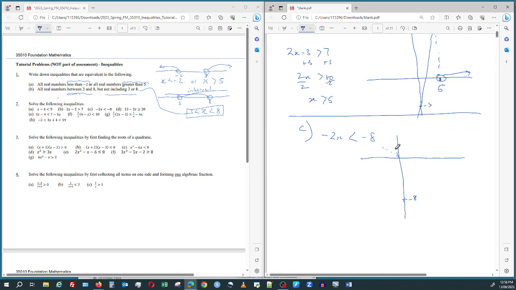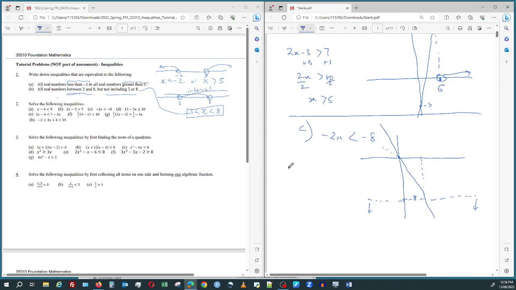So minus 2x is a bit steeper, isn't it? Twice as steep. Okay, and this is less than. Okay, less than. So less than is going to be pointing down, isn't it? It's one of these areas here, but we're not sure where. And what's that value? Because that'll help us decide which way we go.